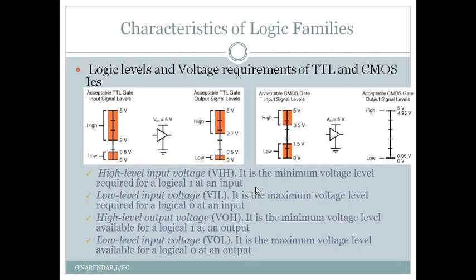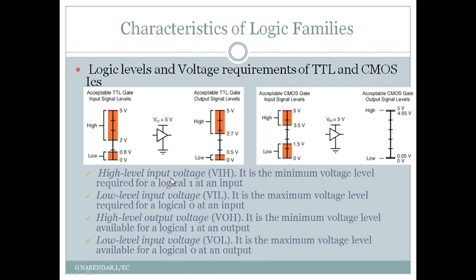So we'll look at one of the diagram, to define the general parameters of input and output, minimum and maximum voltages for each level, that is high level and low level. So by that we can define 4 levels.